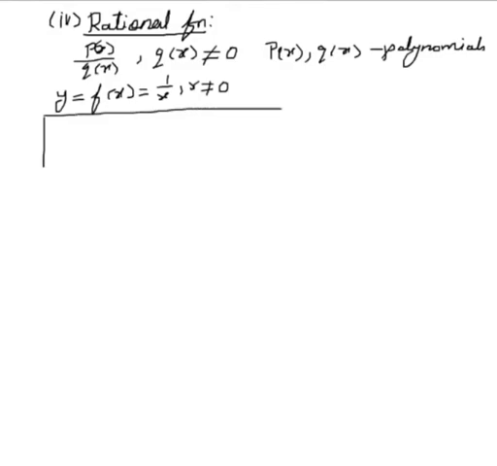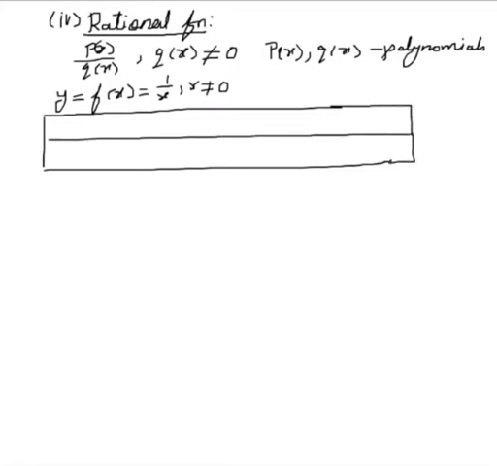Let us draw the table. X cannot take the value 0. If x is 1, y is 1. If x is 2, y is 1 by 2. If x is 4, y is 1 by 4. If x is half, y is reciprocal of half, which is 2.